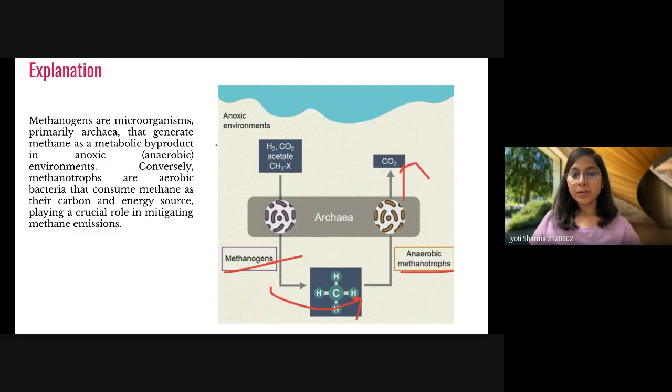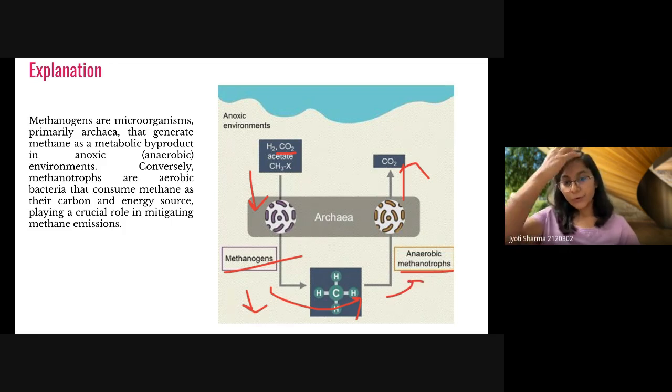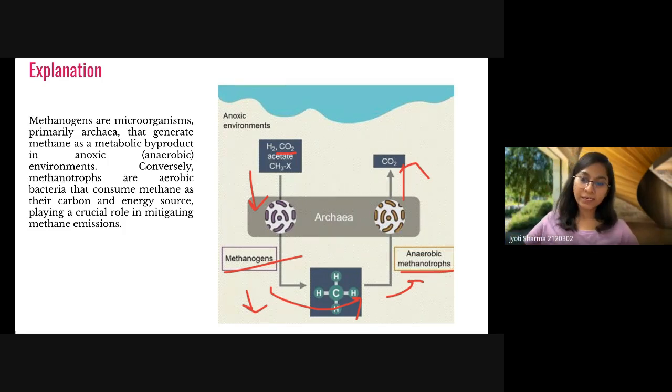So just see here, CO2 will be utilized here, but methane will be produced, and this methane will be taken up by methanotrope and CO2 will be released. So just see the beauty of the nature. One is taking CO2, releasing methane. The other bacteria is taking methane and releasing CO2. So this is the kind of balance that we have in the nature.